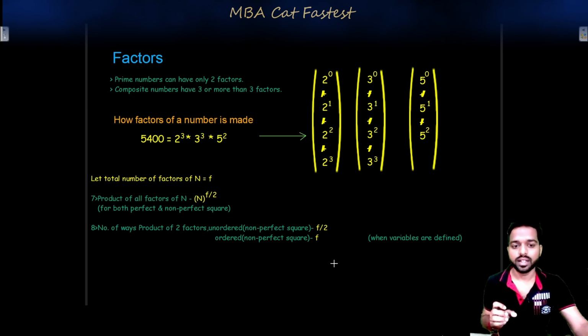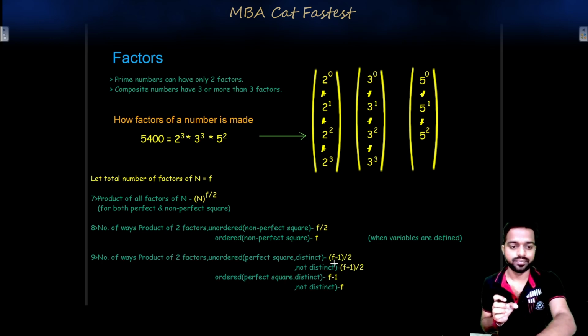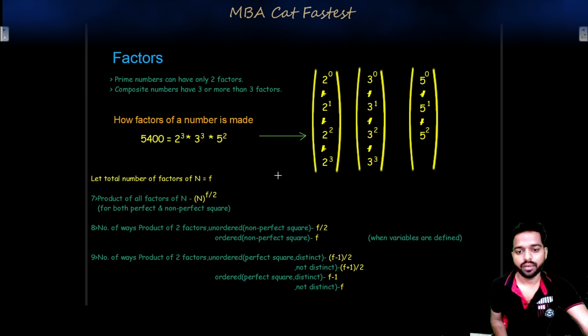Product of two factors, unordered, where variables are not defined, is f by 2, and for ordered, when the variable is defined, it will be the total number of factors. We have already discussed this. A perfect square will have an odd number of factors. Let's say it has 15 factors for now.